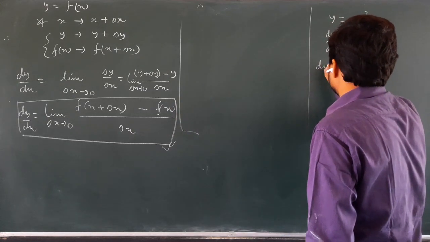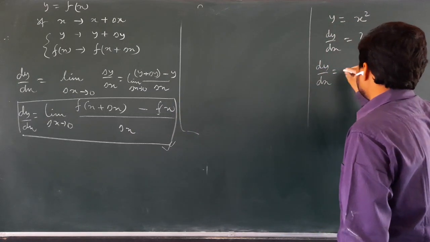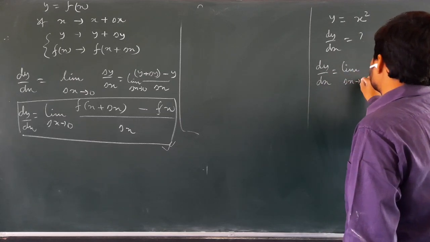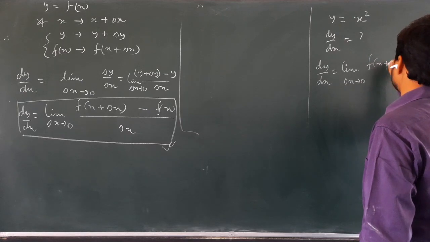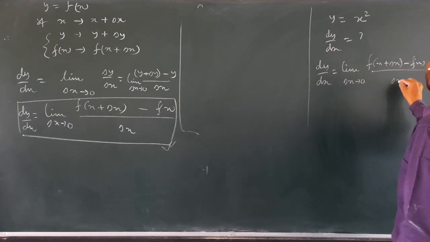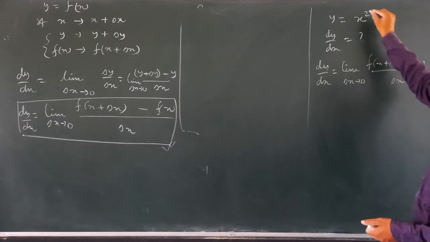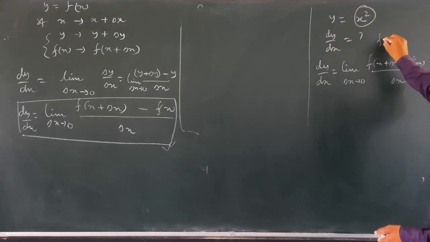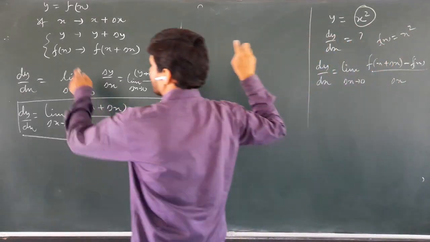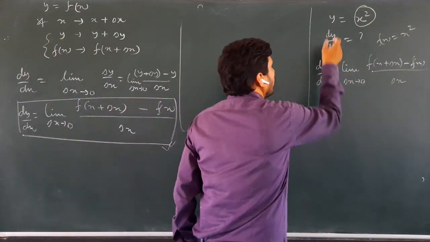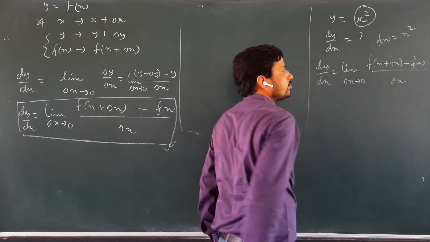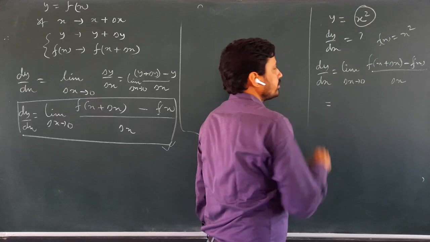I am writing directly dy by dx will be limit delta x tends to 0, f(x plus delta x) minus f(x) by delta x. Now we will choose x square as f(x). So let f(x) is equal to x square. f(x) is same as y. So y is x square. Instead of y, we can write let f(x) is equal to x square. So let us now calculate.